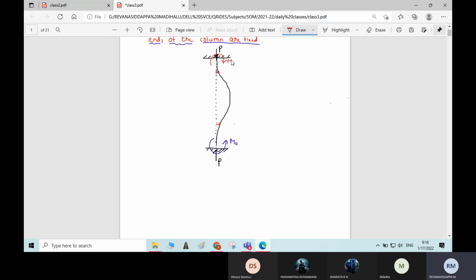Moment induced at top support will be in clockwise direction. I hope you all understood how to write the reactive moments at bottom and top support. Depending upon the direction of the rotation at the particular support, you need to write the reactive moment. Okay. So as like previous problems, here also you need to consider a section.